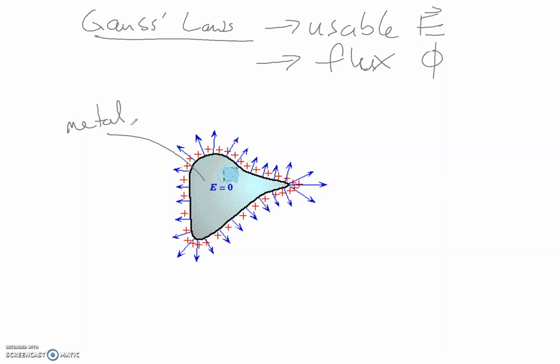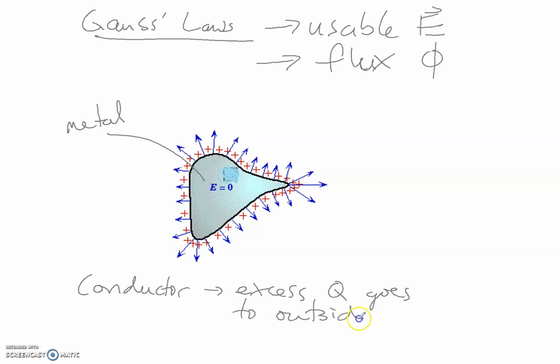And the other thing that Gauss said about how this type of stuff works is if you have any kind of conductor, he said that any extra or excess charge goes to the outside.